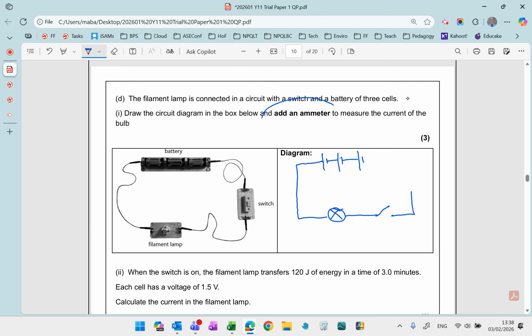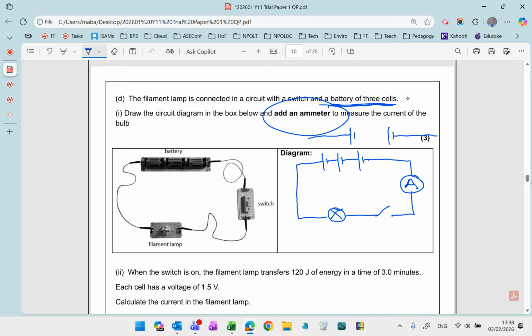And then the other thing that it's asked you to do is add an ammeter, and the ammeter is going to go in series with the other components. Just going back to this battery of 3 cells, if you wanted to draw a battery, then you draw the first cell and the last cell, and maybe you've got a battery of 100 cells.